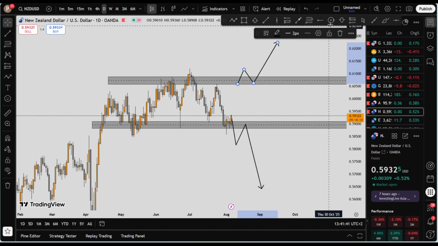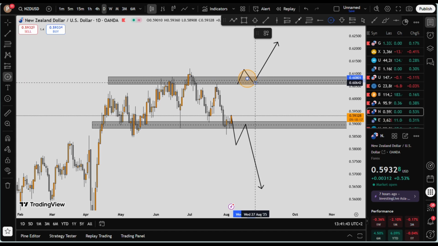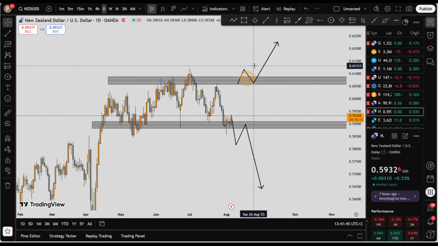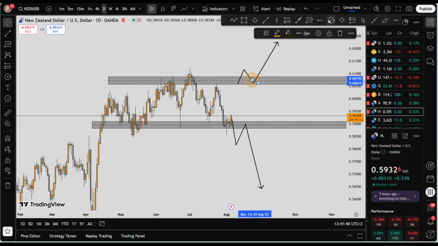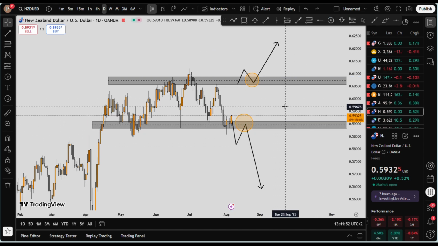So my entries would be here after the retest. This is what I am waiting for right now on NZDUSD.